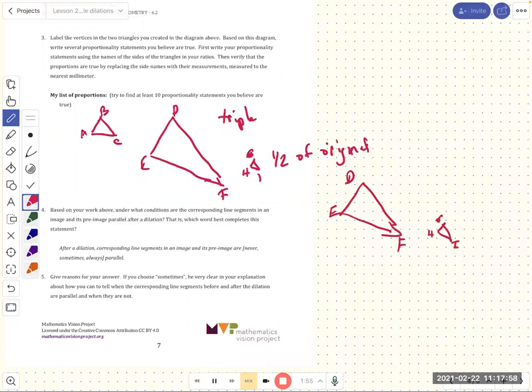So you could say it like this: going this way, it's times 3. And this way it's times 2. So if you're times 3 and times 2, you should be times 6 altogether, right? So the side should be 6 times longer.